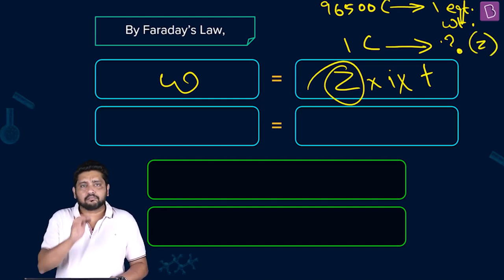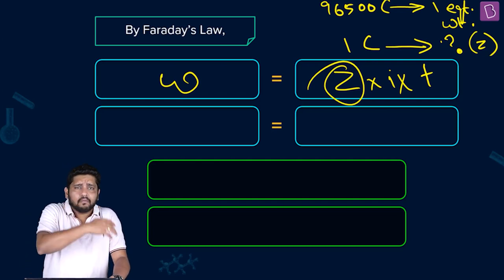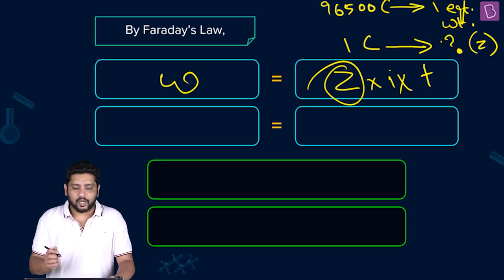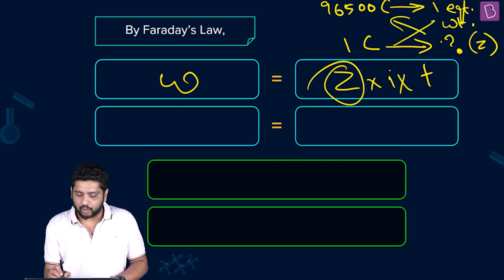So unitary method. Let's say 20 apples cost 1000 rupees. 1 apple costs how much? 1000 divided by 20, right? So the same is the story here. We can cross multiply.